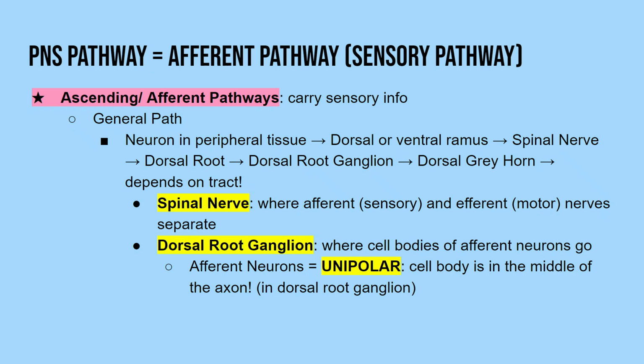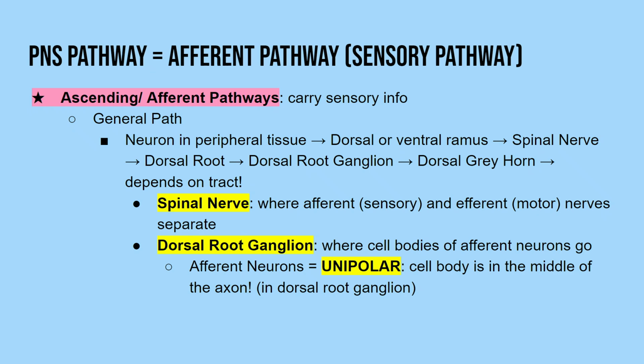So the general path is from the neuron in your peripheral tissue, basically to the spine, to the dorsal root, to the dorsal root ganglion, to the dorsal gray horn, and then it depends on the tract where the signal goes next. Then you have some definitions here.